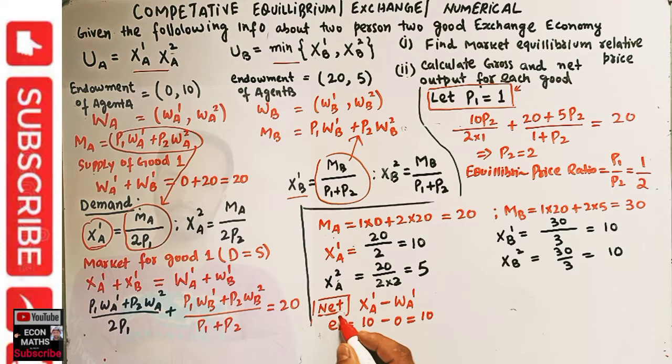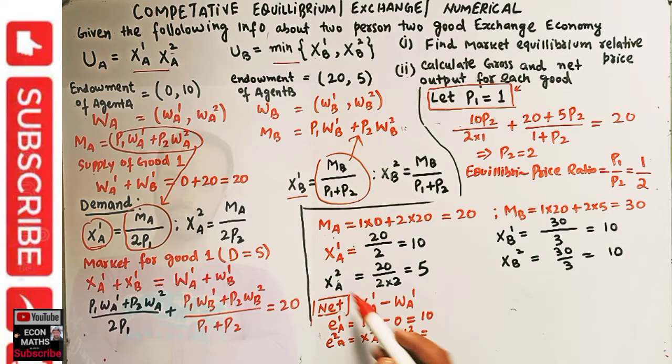Excess demand of good 1 by person A is equal to 10, and similarly excess demand of good 2 by person A will be equal to X2A, units of good 2 person A is having, minus the initial endowments of good 2 person A is having initially.